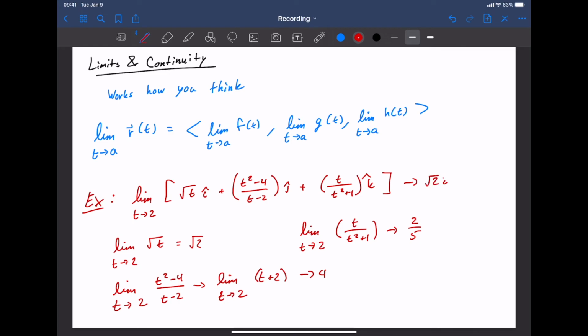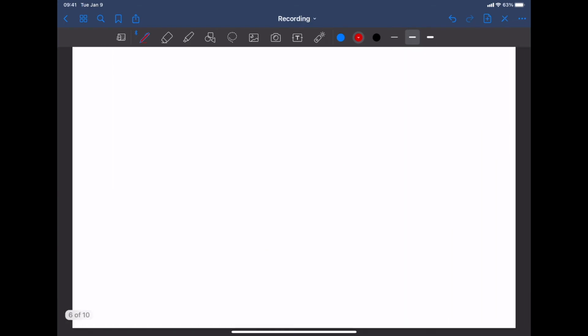Root 2 i hat plus 4 k hat. Nope, 4 j hat plus 2/5 k hat. Easy peasy.